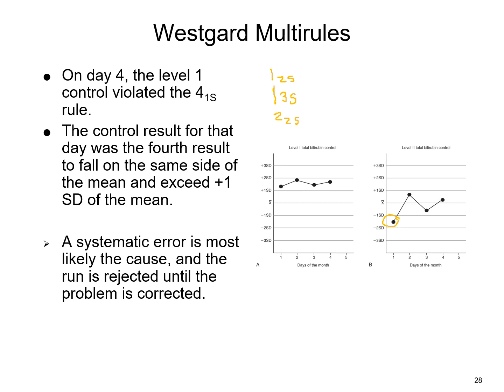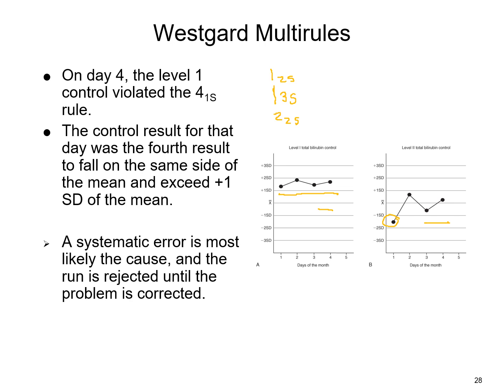Again, this can be consecutive within consecutive runs for 1 level, or it can be within 2 runs for the 2 levels. So the control result for day 4 does violate this rule because we do have 4 consecutive that are outside of it.